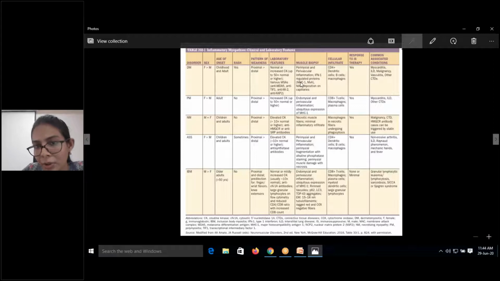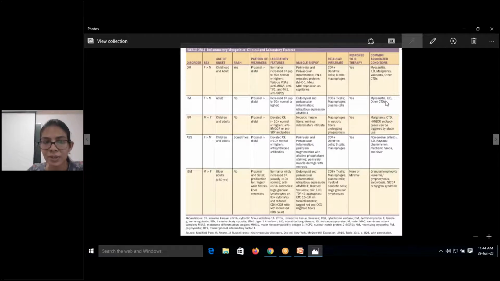Because I already told you here that it is having perivascular inflammation or it is having MAC deposition, complement mediated. As this is complement mediated, MAC is formed. MAC is formed in both perimysial and perivascular. So muscle is involved as well as vascular system is involved. So vasculitis and other CTDs like usually SLE and Sjogren's. These two are usually seen in case of dermatomyositis.